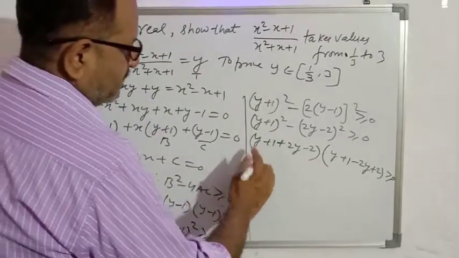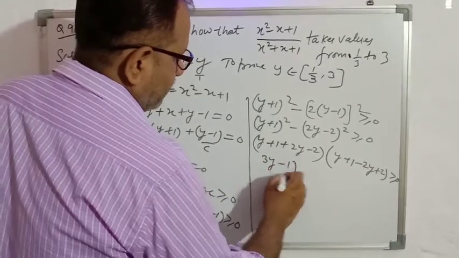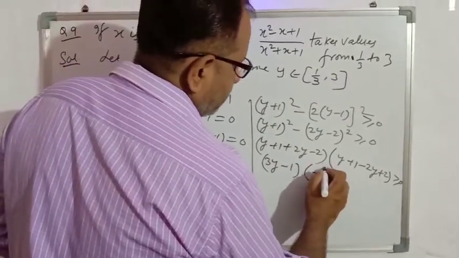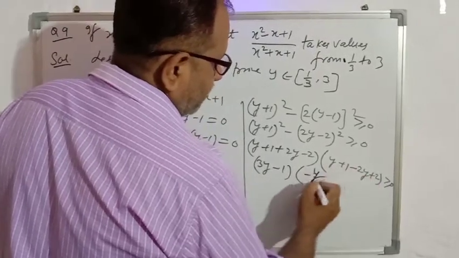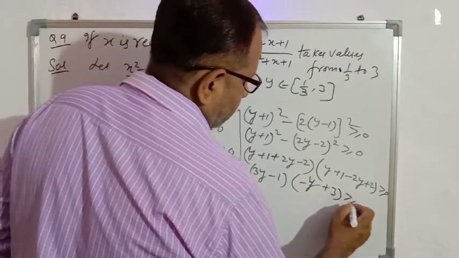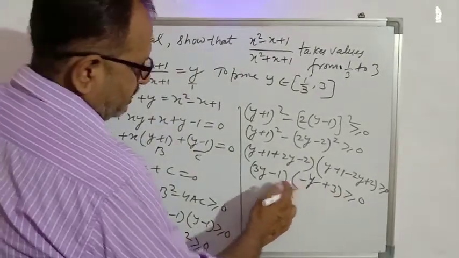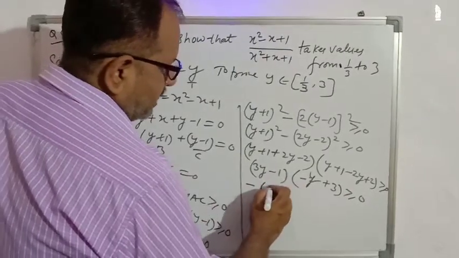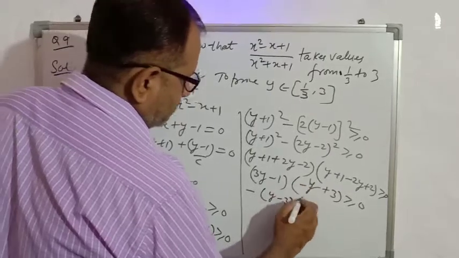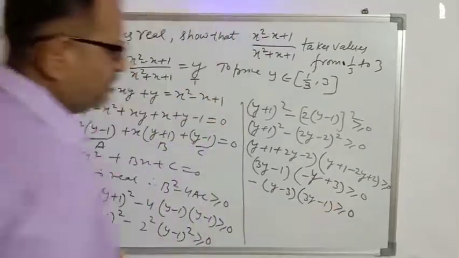Simplify it: 3y, 1 minus 2 minus 1, y minus 2y minus y, and 2 plus 1, 3, greater or equal to 0. Take minus sign common from here. So take minus sign common, it will be y minus 3, to make the coefficient of y positive, 3y minus 1 greater or equal to 0.